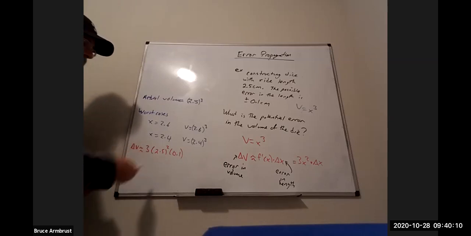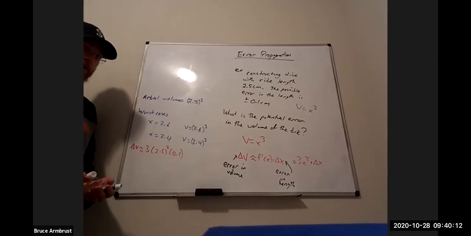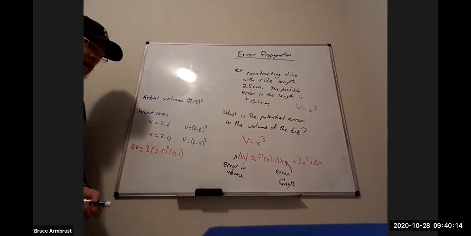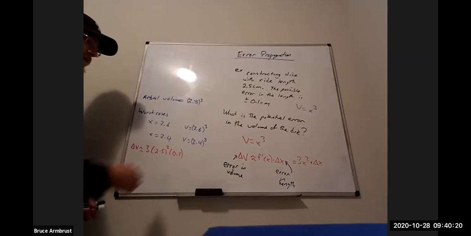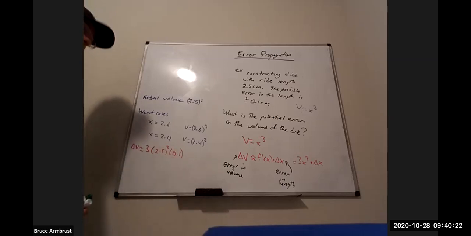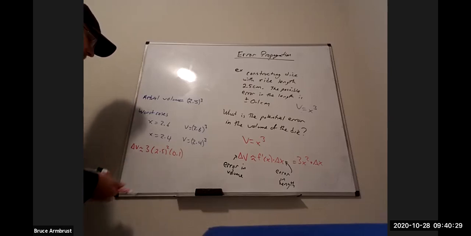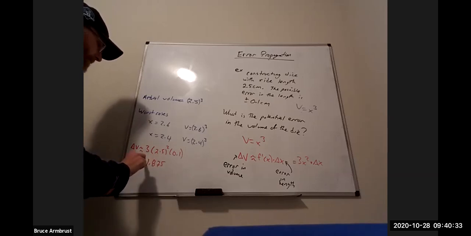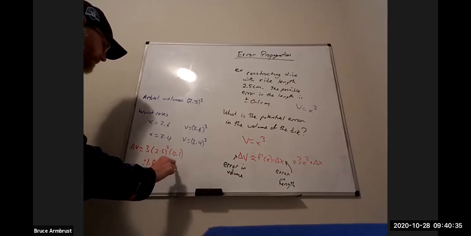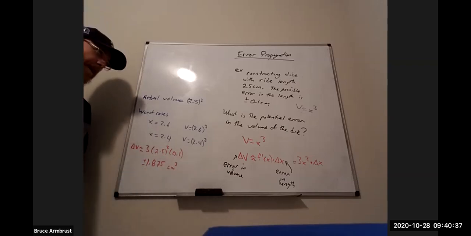All right, so now we can do this multiplication, and this one's not terrible. 2.5 squared, that's going to be 6.25. Times 0.1 is 0.625. Times 3 is 1.875. He says without a lot of confidence, so please check my numbers on that.